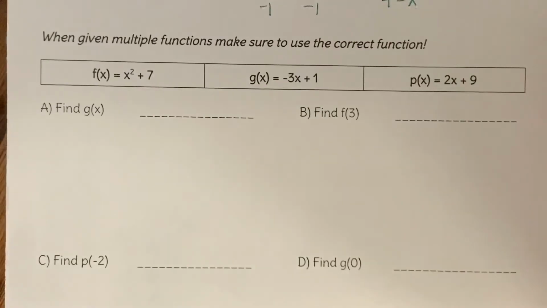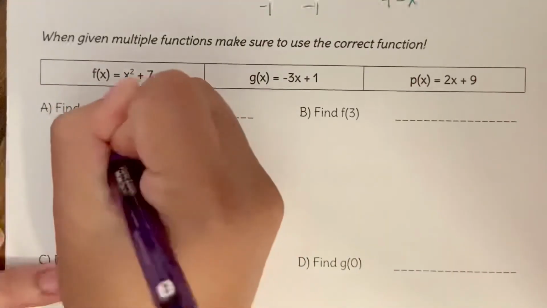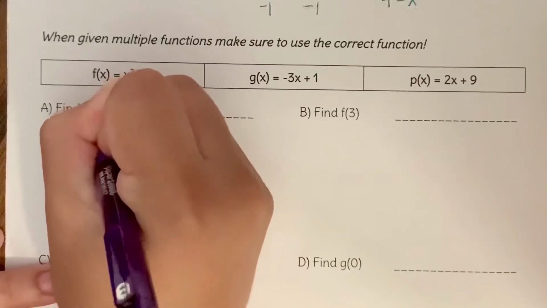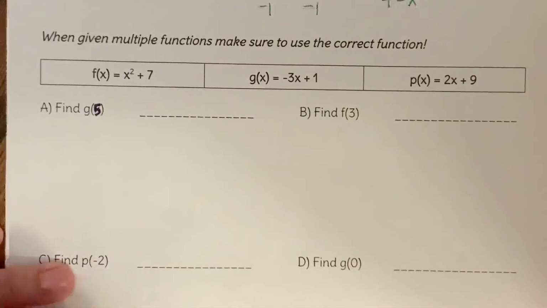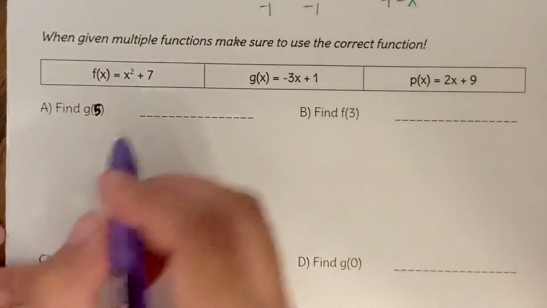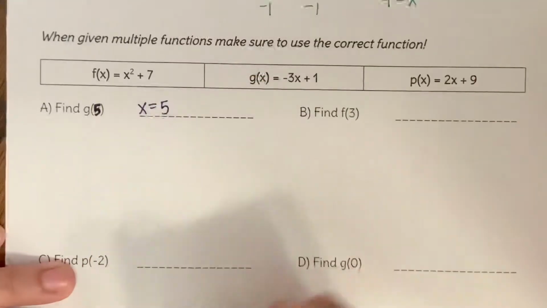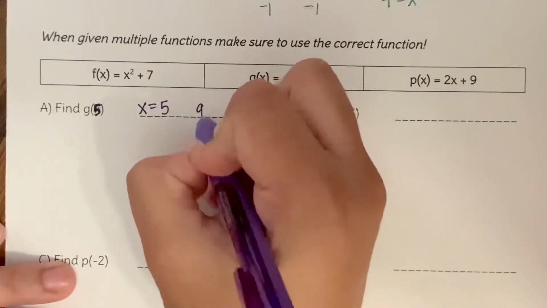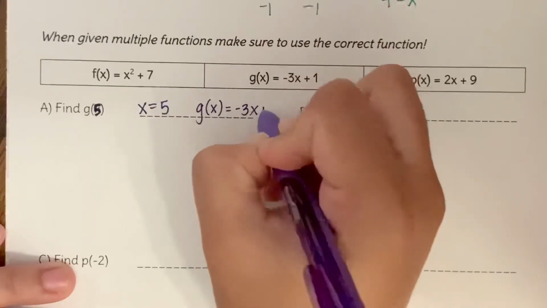So for A, it says find g of, I accidentally put x, but let's find g of 5. So what that means is the 5 is in the parentheses, my x is going to equal 5, and I want to make sure to use my g function, and my g function is g of x equals negative 3x plus 1.